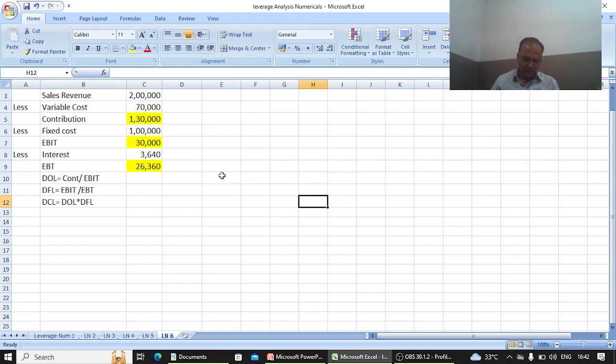Let's take the help of calculator. 130 by 30 is 4.33. Degree of financial leverage, 30 by 26,360, is 1.138.